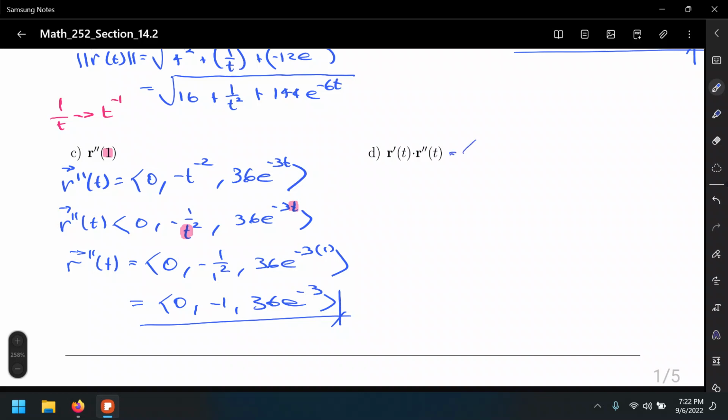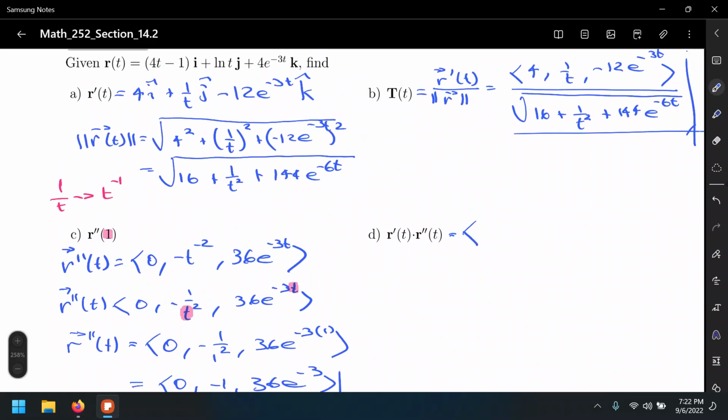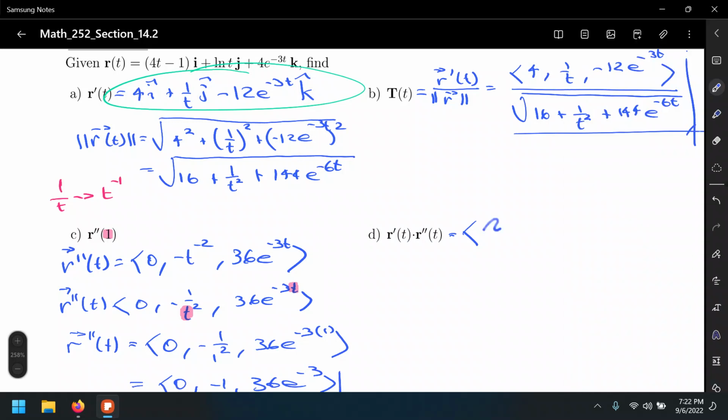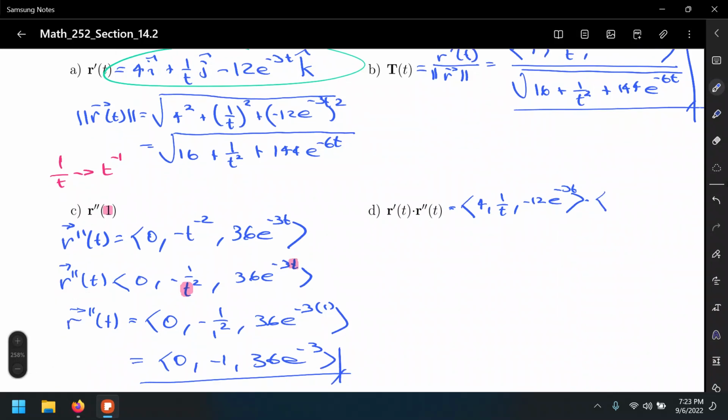So all we do is write down this vector. So the vector, which is the first derivative, which is this one right here, that's the derivative. The one I just circled, that's 4, 1 over t, and negative 12 e to the negative 3t, dotted with the second derivative vector, which is this one right here.